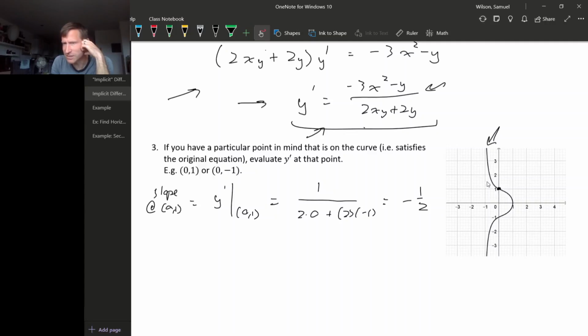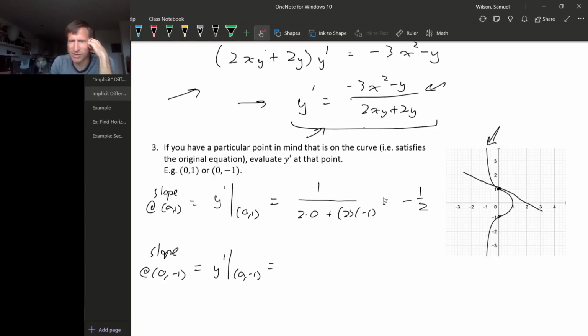And it looks like the slope of the tangent line here is minus a half. That seems about right. Or another nice easy point on this graph is (0, minus 1). So the slope at (0, minus 1) is y prime at (0, minus 1).